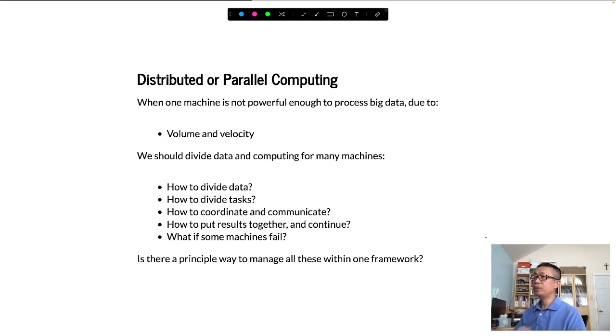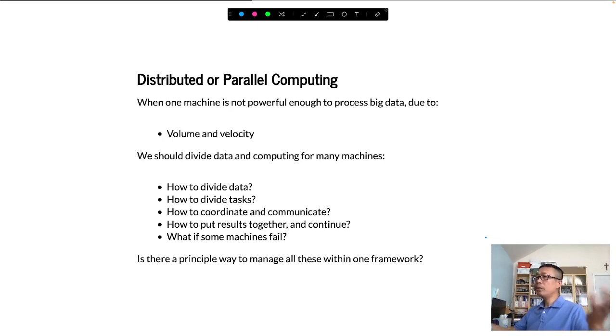And so questions are very important, including how you can divide the data, how you can divide the task to actually do the computation for the analytics, and how you can coordinate and communicate the results, even the intermediary result, right? How do you put them together and say, I'm in progress on this part, whereas the other nodes and computing power can be used for other independent tasks at the same time?